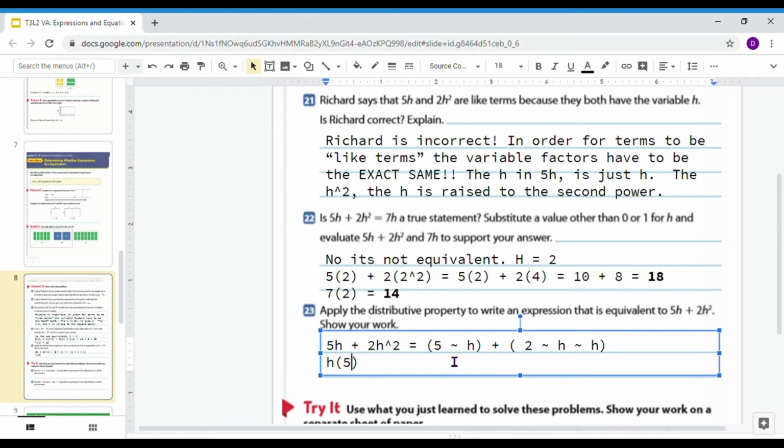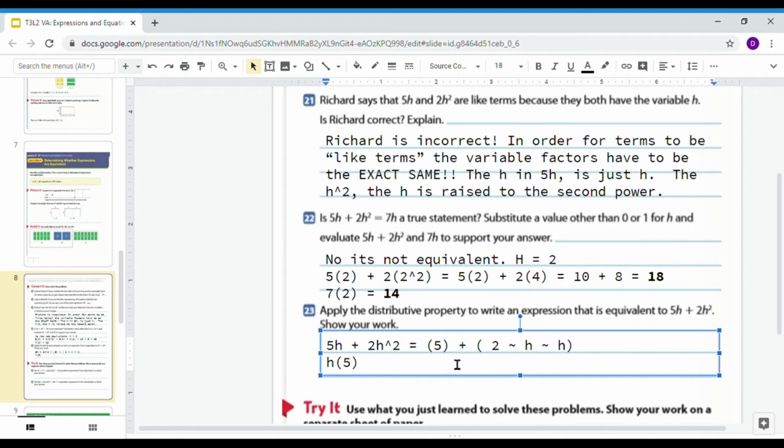When I broke it down to 5 times h, that really helps set us up for the distributive property. Because when I pulled that variable out, I was left with just 5. So that's why I put that 5 there.